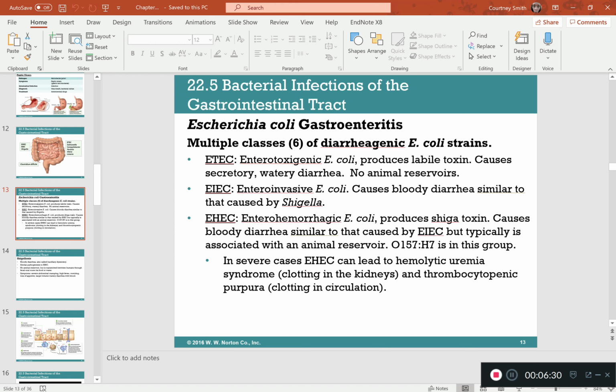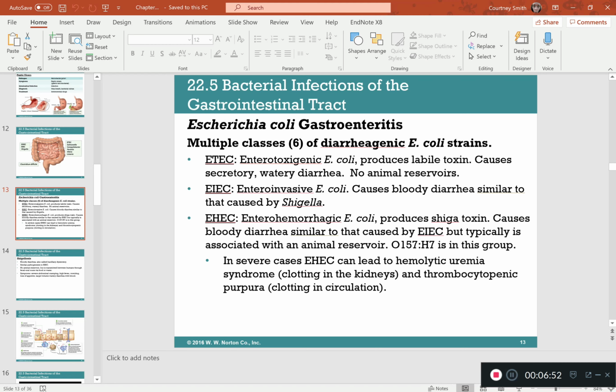Whereas the EIEC only causes bloody diarrhea. So it's very closely similar to a Shigella infection, but I will point out what the difference is between Shigella and the E. coli one, but they present the same.